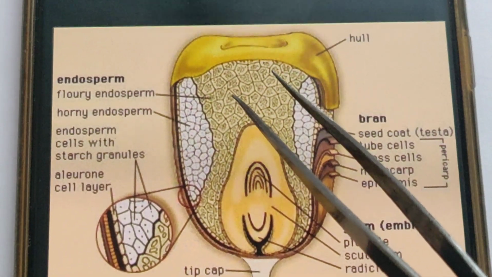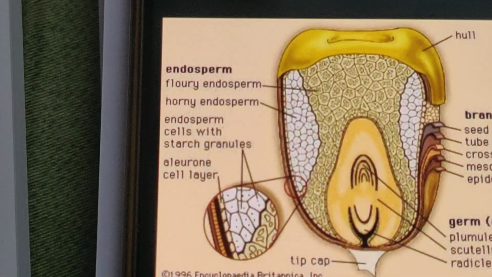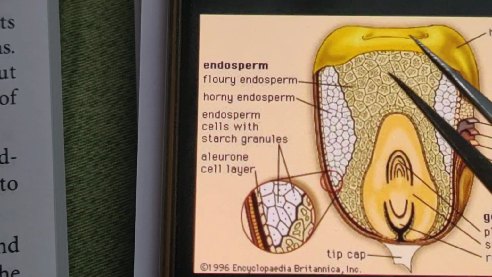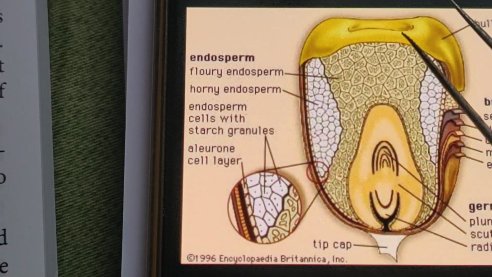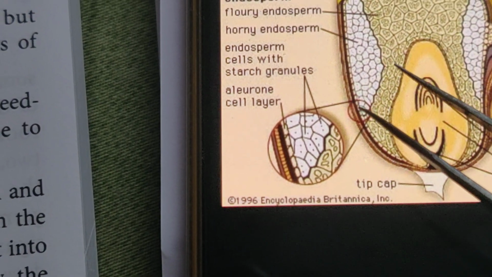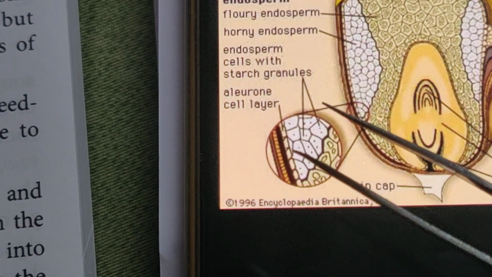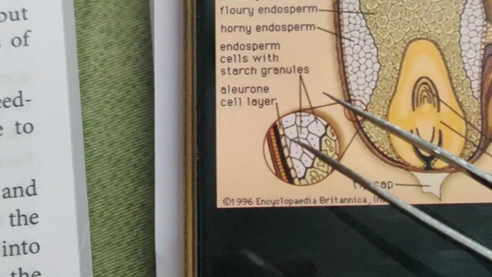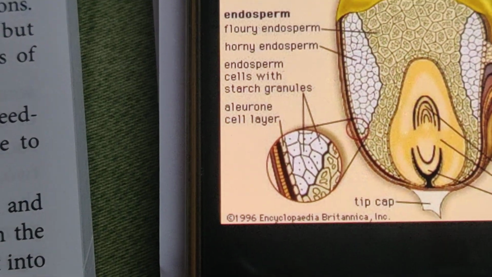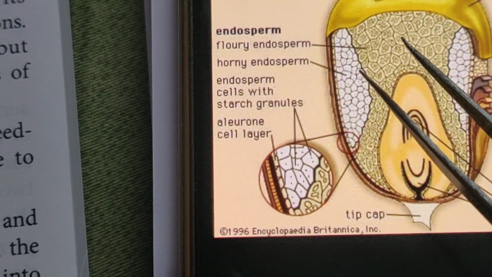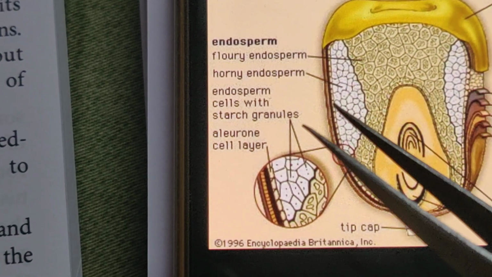This is the flowery endosperm, this is the horny endosperm, and these are actually the cells with starch granules in them. Now the outer layer of the endosperm, which is magnified here and shown as the aleurone layer, is rich in protein. So the embryo is provided not just with starch but protein as well.